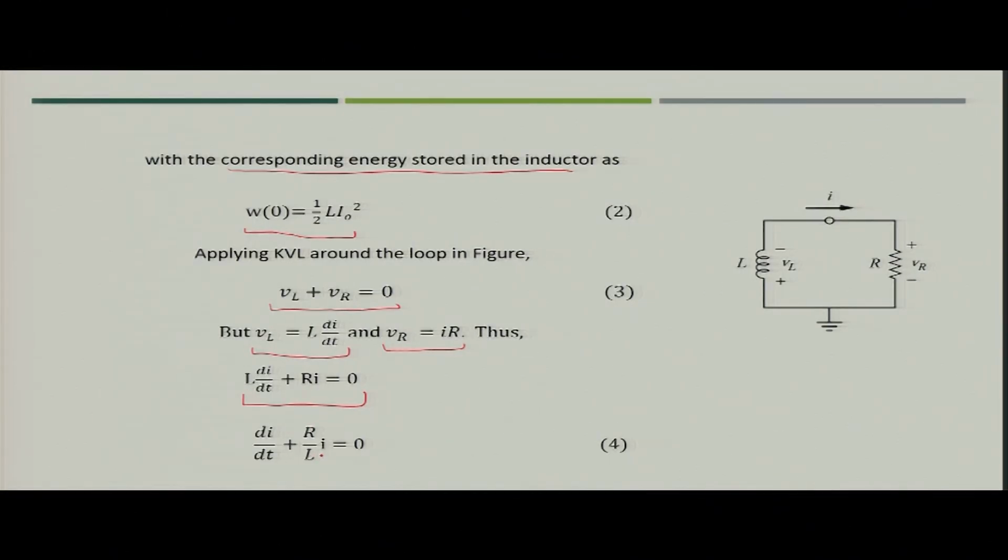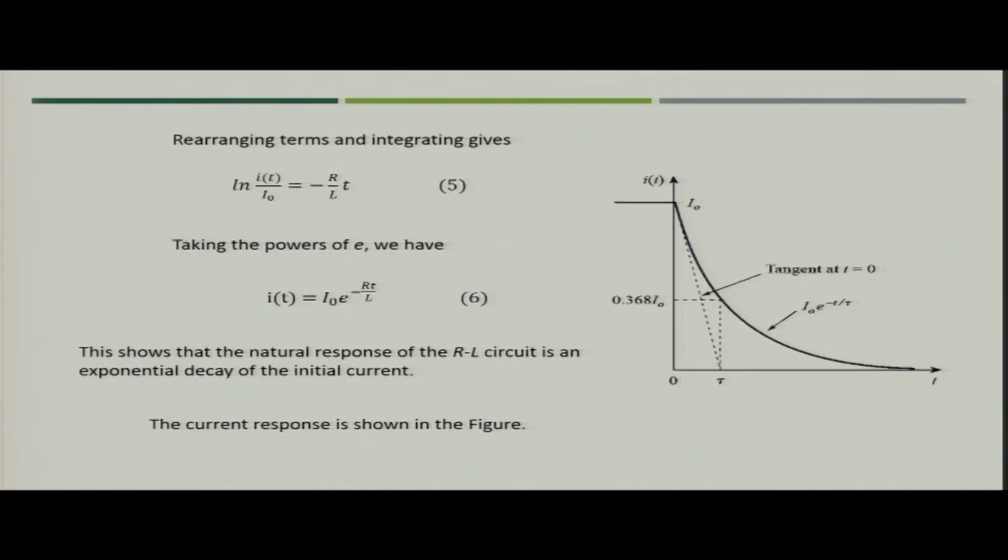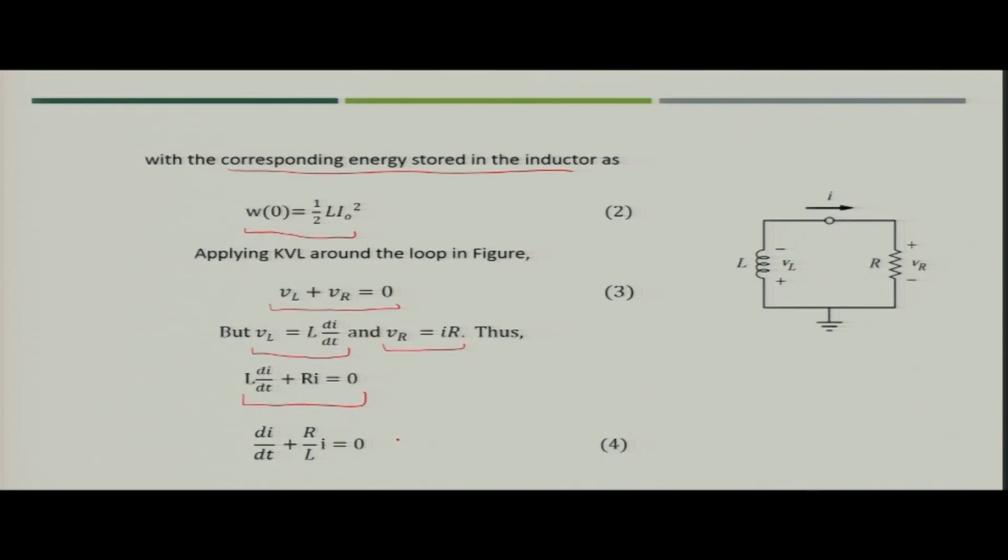Now, we can use the integration technique to solve this equation, as we did in the case of the RC circuit. We can rearrange this equation as di divided by I equal to minus R by L into dt.